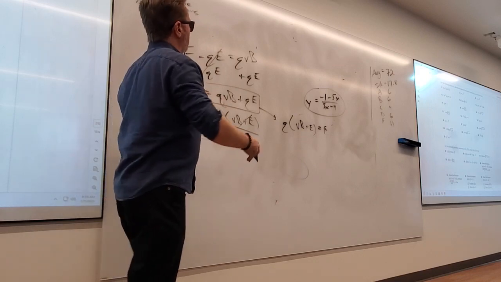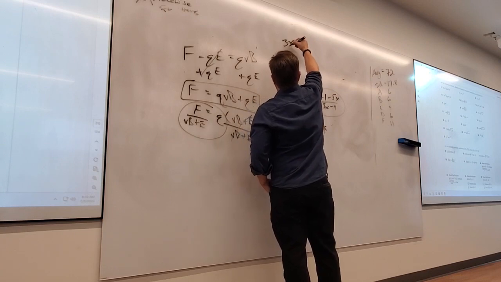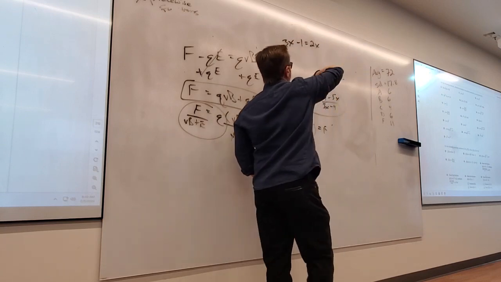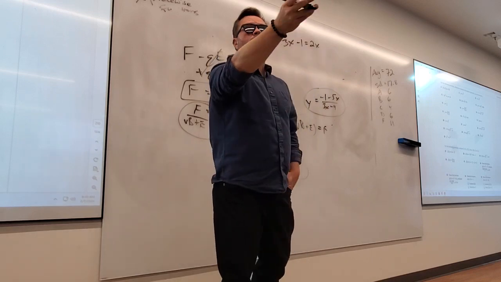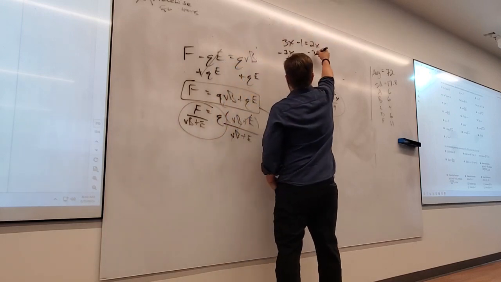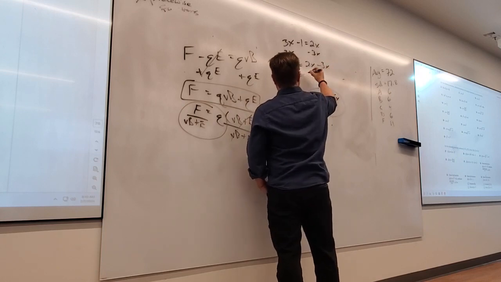Let me show you something silly. You would never solve this equation like this, but if I have the equation 3x minus 1 equals 2x, what do you do? Yeah, you can subtract 3x. All right, I'm going to be silly for a minute. Can I factor an x out?